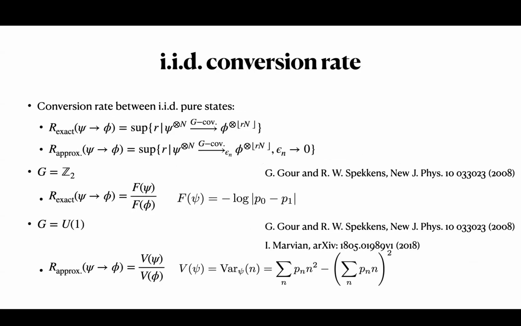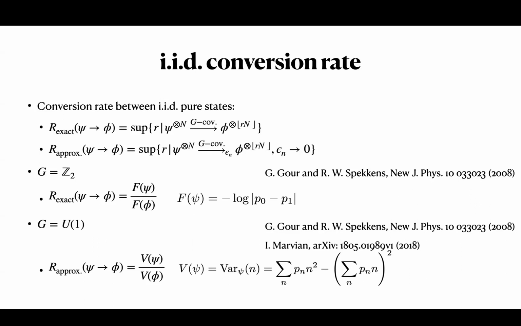And also there are some results on the IID conversion rate. We consider two types of conversion rate. One is the exact one, and the other is the approximate one. In the approximate one, we consider the conversion under G-covariant operation with vanishingly small error.